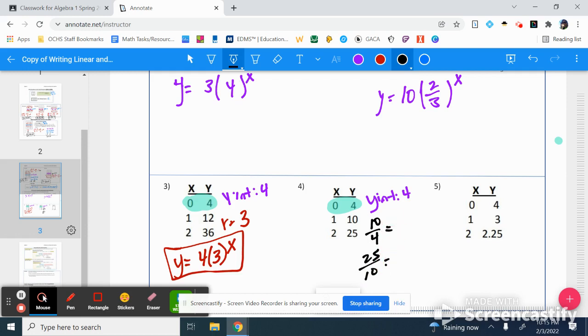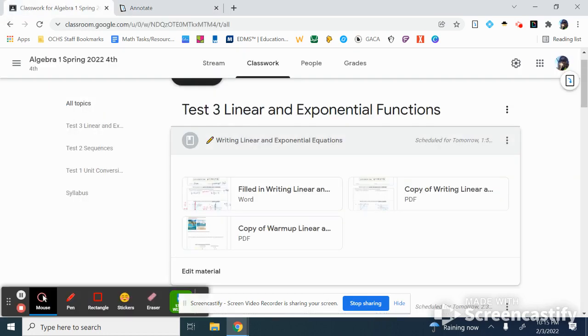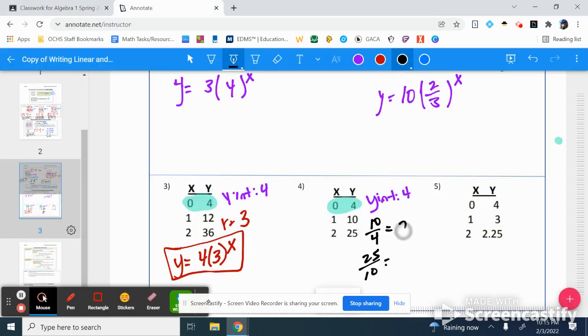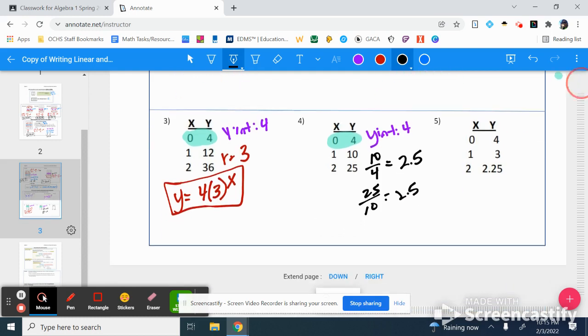So 10 divided by 4 gives me 2.5. And then as I get ready to do 25 divided by 10, that also gives me 2.5. So I can easily determine here now that my starting value was 4 at my y-intercept. I'm multiplying everything by 2.5, and I raise that to the x power.